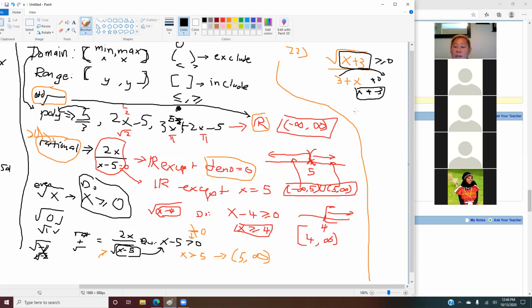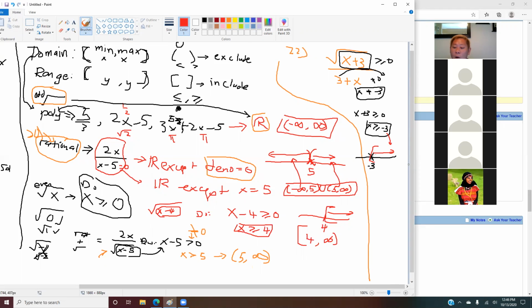So x is greater than or equal to -3. So you got these two domains here. One of them says that it cannot be -3, and one of them says it includes -3 to infinity.